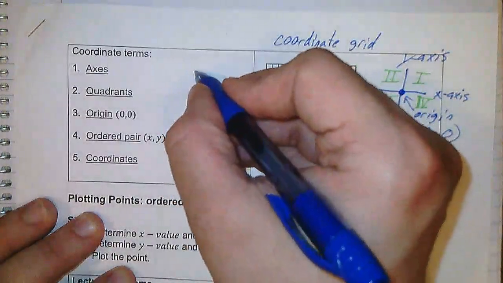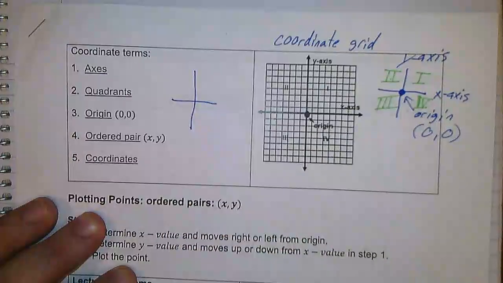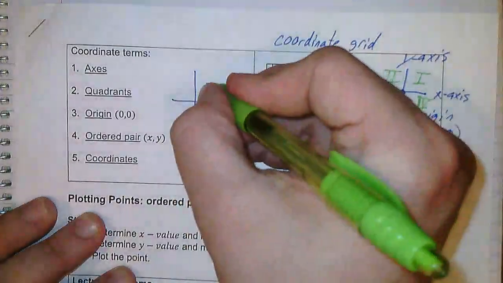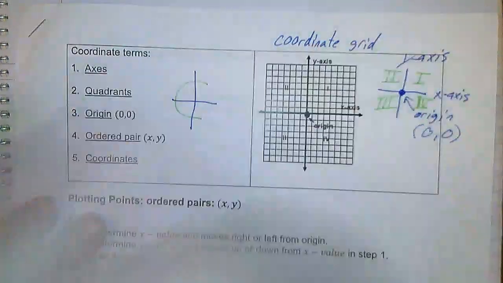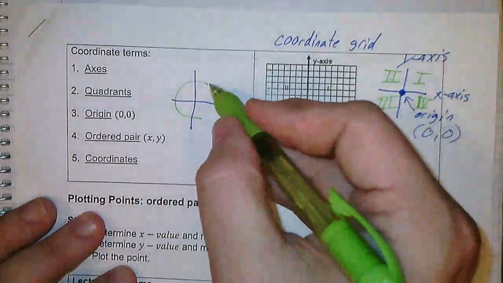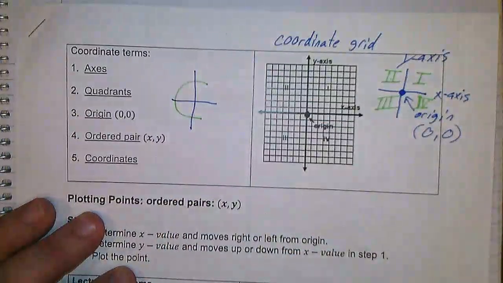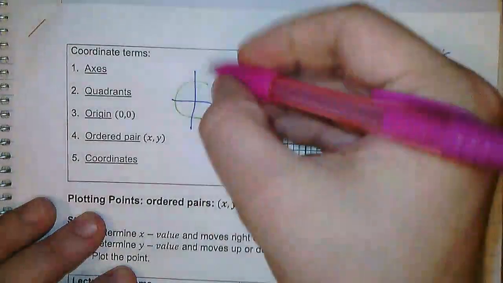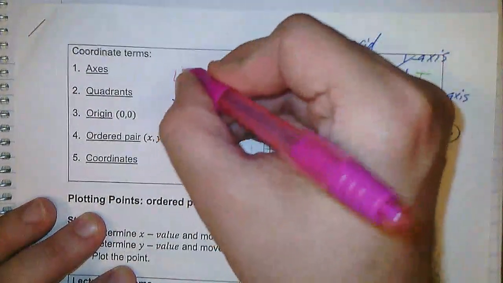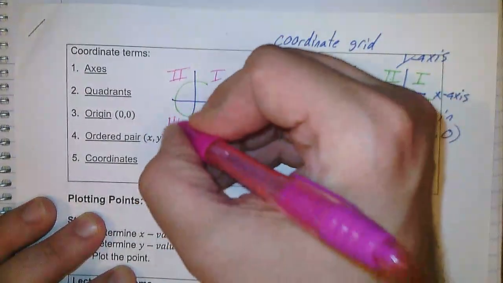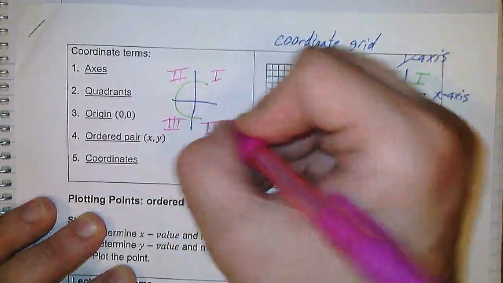A neat way to remember that is that it makes a C. The path your pen or pencil takes as you make a C, those are the numbers. We have quadrant 1, 2, 3, and 4.